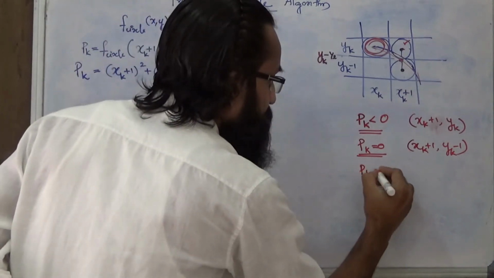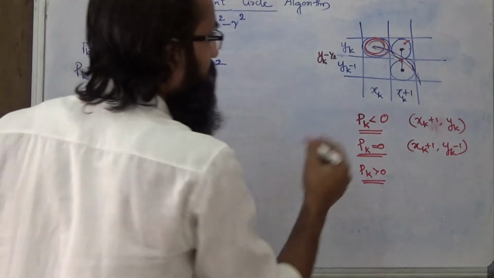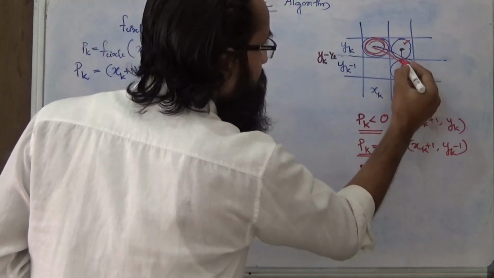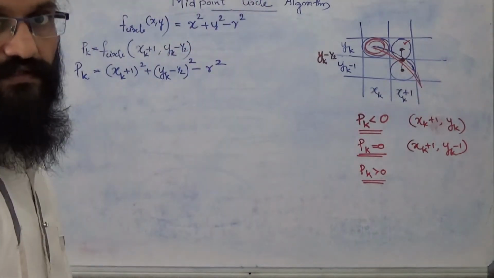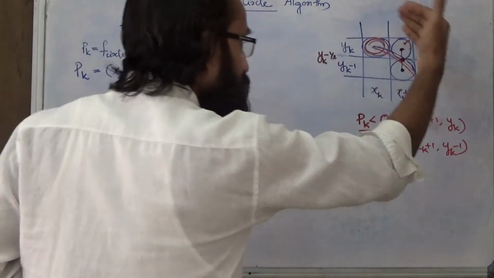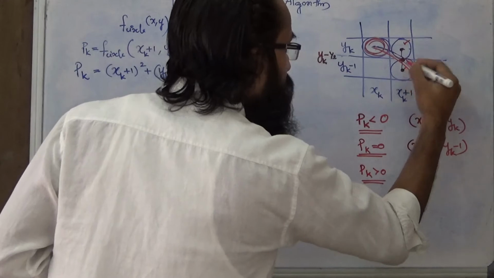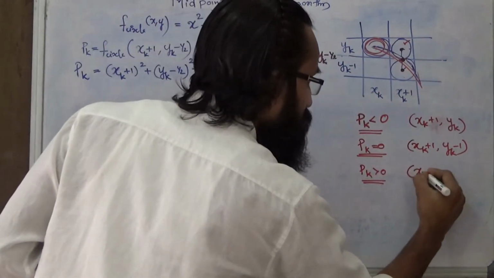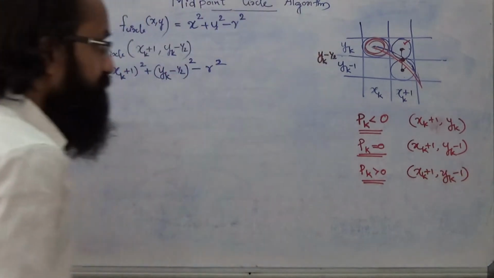And if pk is greater than 0, then that means the circular path will be somewhat like this. In the sense, this midpoint is outside the circular path. If the midpoint is outside the circular path, then that means the lower pixel is closer to the actual circular path, and the pixel to be selected is the lower pixel, that is xk plus 1, yk minus 1.